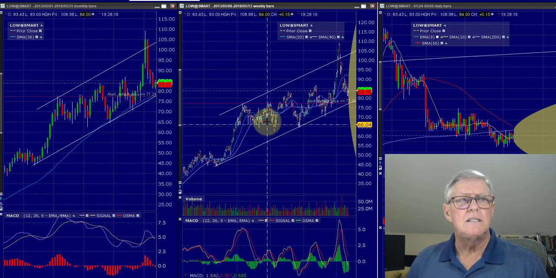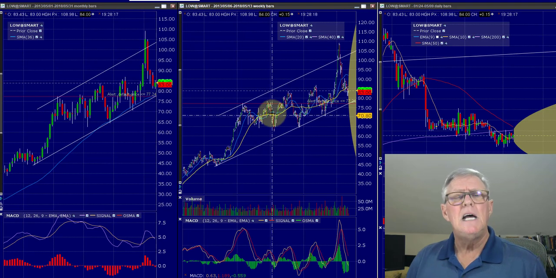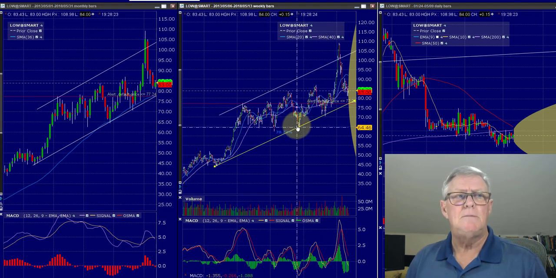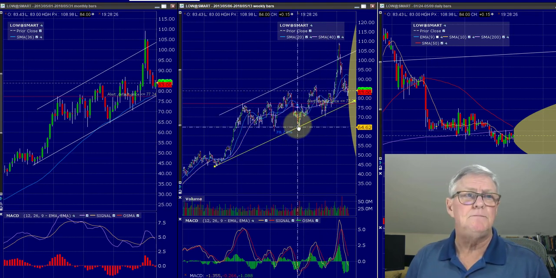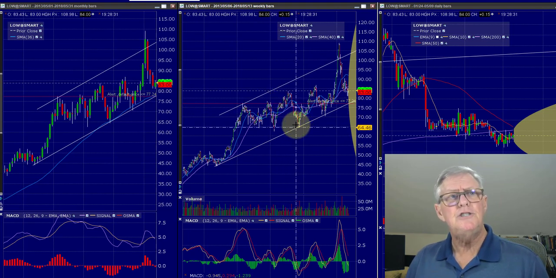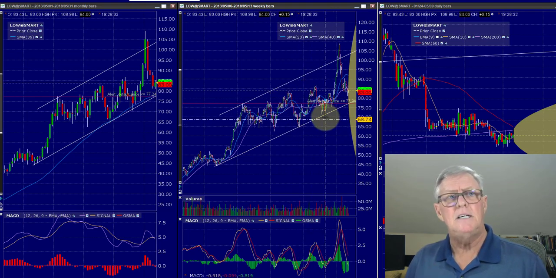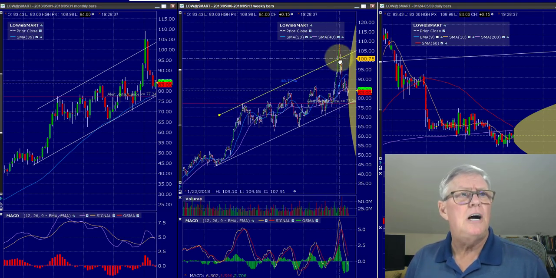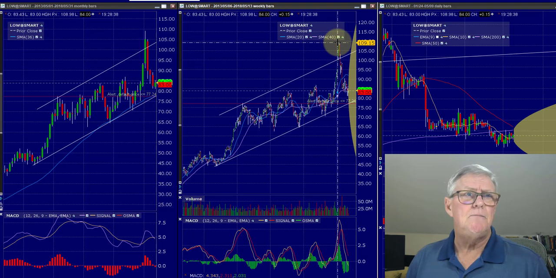You'll also see something else interesting about it: a lot of times when the stock price comes across the midpoint of this channel, it'll oftentimes touch the trend line at the bottom. So you can see here it came across, touched the trend line, went back up, came back, touched the trend line again, and then in early 2018 shot right up through the top of the channel.